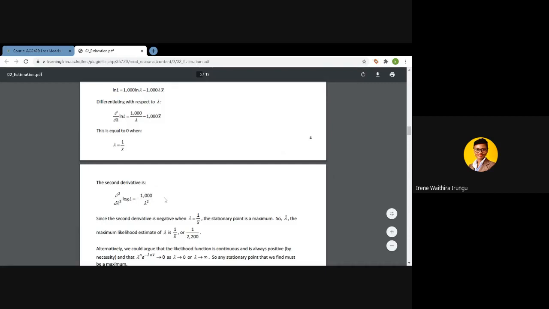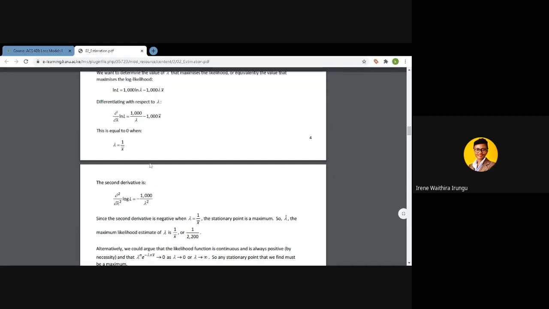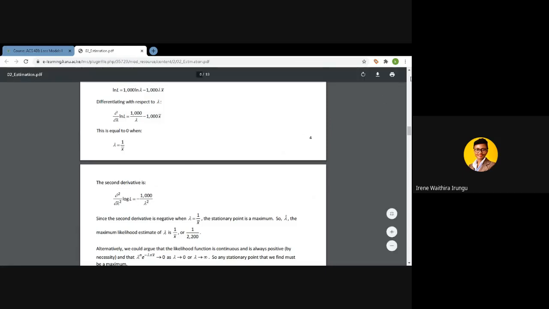So since this function is actually less than 0, then we can actually affirm that our lambda estimate here, given by 1 over x bar, is actually the maximum likelihood estimate.